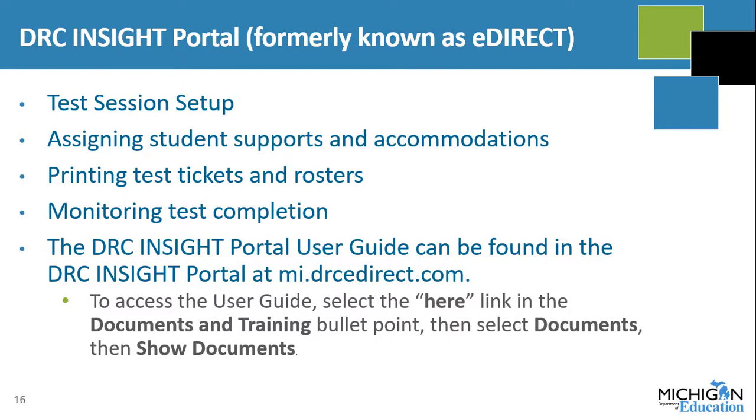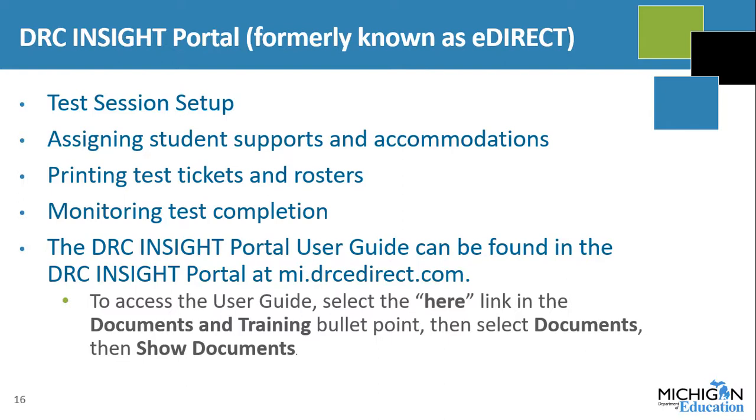Test tickets and rosters are printed through the DRC INSIGHT Portal, and assessment coordinators can monitor test completion in the DRC INSIGHT Portal. There is a user guide available in the DRC INSIGHT Portal that details the process for all of these tasks. It can be found in the DRC INSIGHT Portal. Select All Applications, then General Information, then Documents, and then search for All.